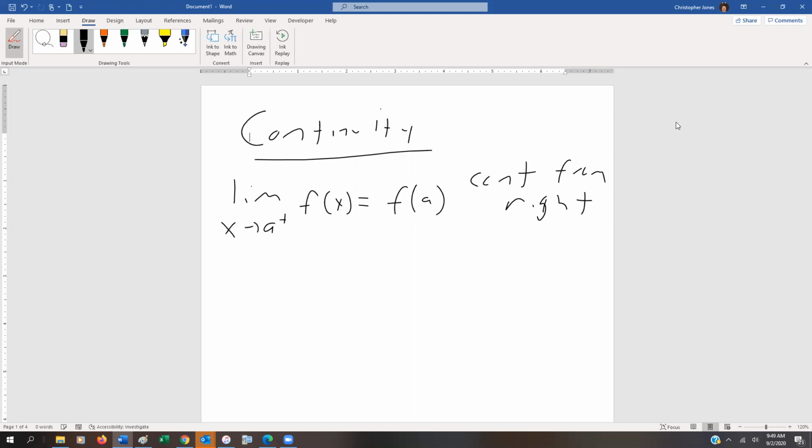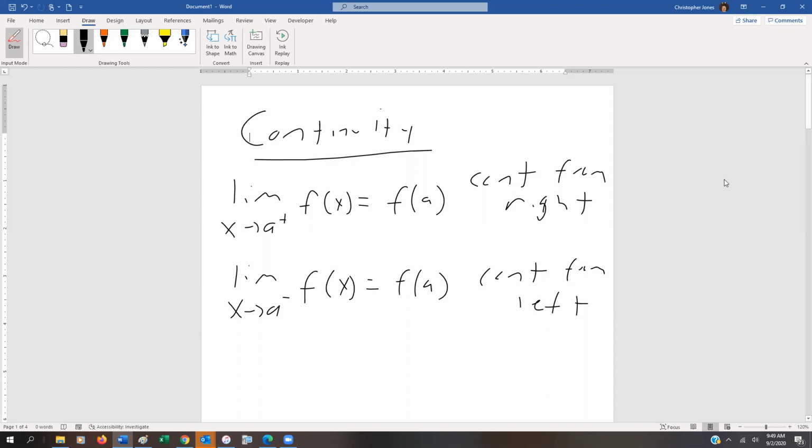And of course, under the same idea, if the limit as x approaches a from the left of f of x equals f at a, then it is continuous from the left. All right? So the idea of continuity basically means that it's in the domain from that direction. Okay, so a lot of times when we talk about continuity, we're really talking about the domain.